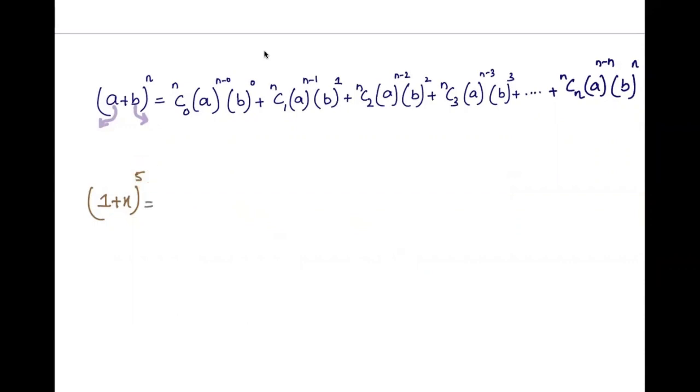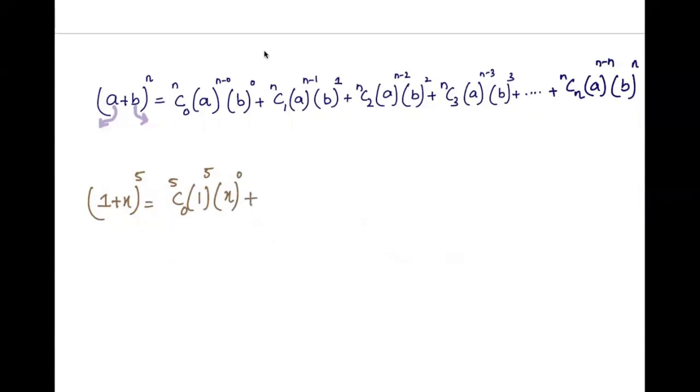So can you just help me write down the first term for this? What should I write over here? 5C0. First term 1 to the power of 5 minus 0, that is 5. And then second term is x to the power of 0.